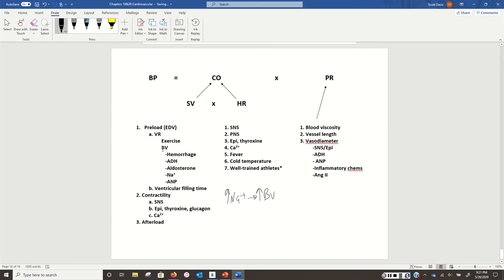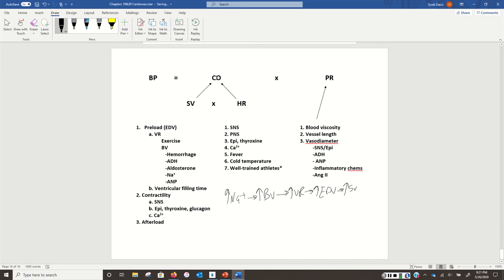And if we have increased blood volume, go up to the next level, the one with the letter in front of it, venous return. Increased blood volume causes increased venous return. Next level, the number, EDV. Increased VR leads to increased EDV. Next level, stroke volume. Increased EDV leads to increased stroke volume.